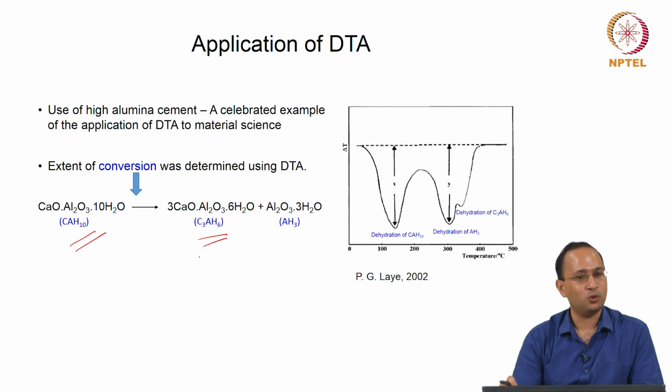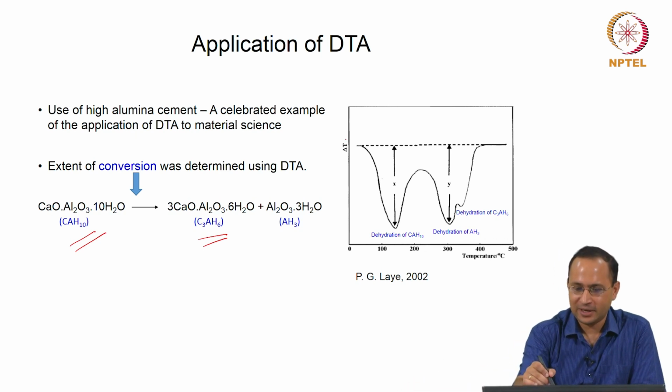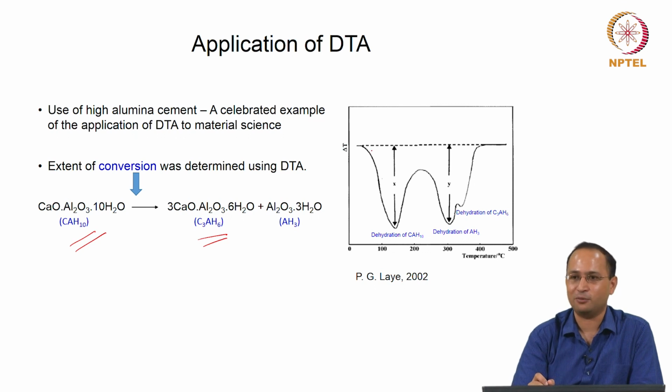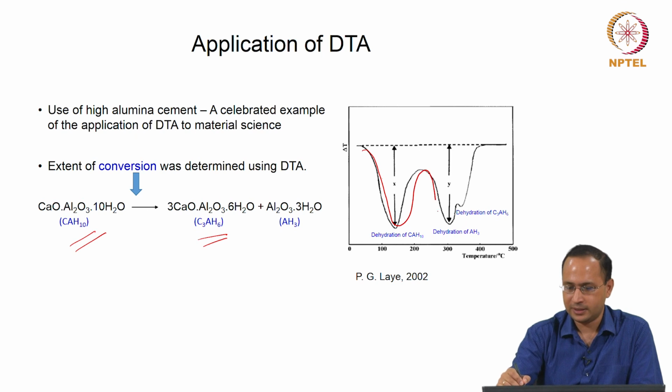We want to know the extent of conversion, right. In this example, if you look at the DTA, this is a typical DTA curve for calcium aluminate cement. You see one peak, then this peak, right.